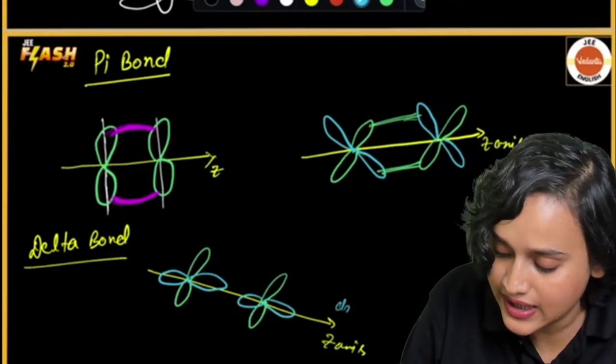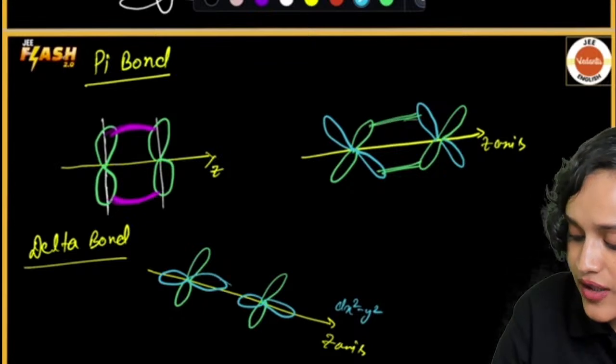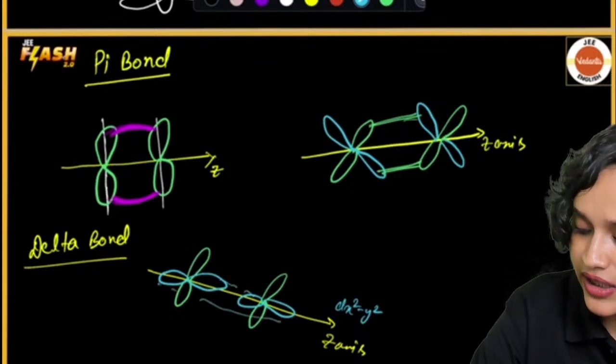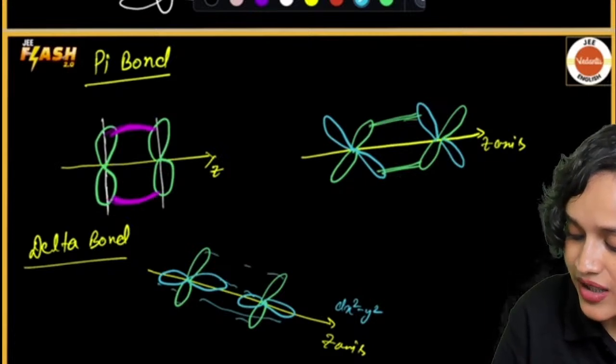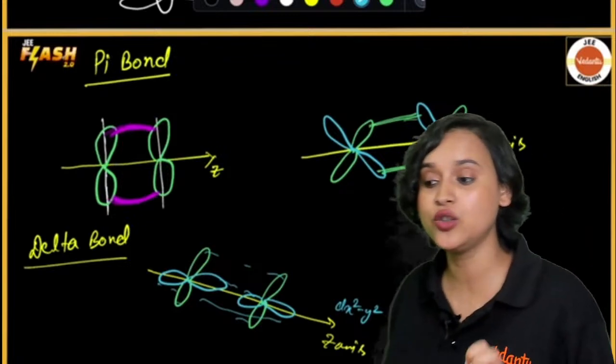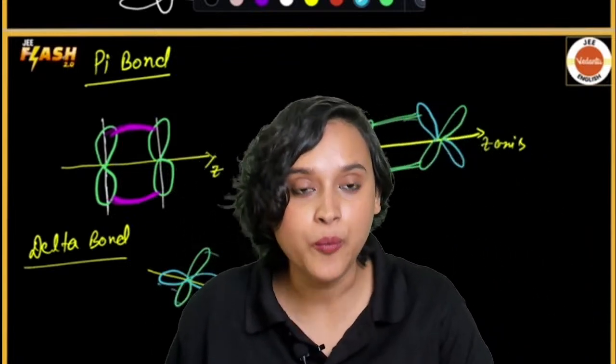What is this? This is dx square minus y square. Here, do you see that this one will interact with this? Here, this will interact with this, this will interact with this, and this will interact with this. So four lobes, when they are interacting with each other, you will get a delta bond.